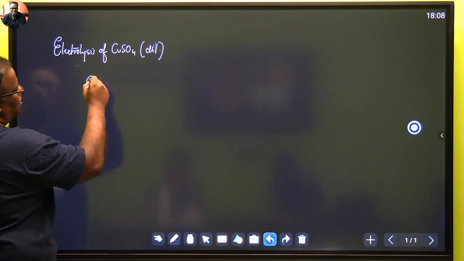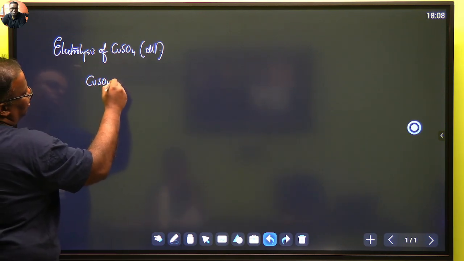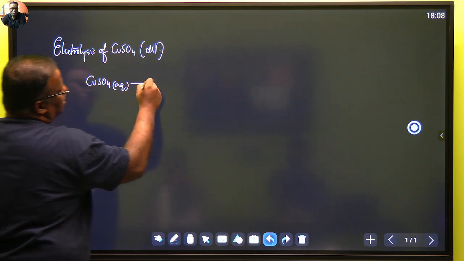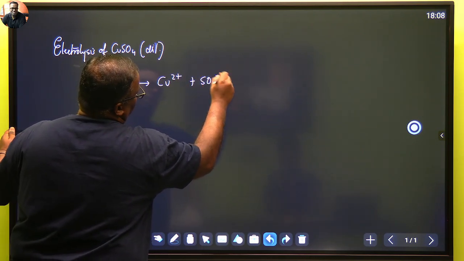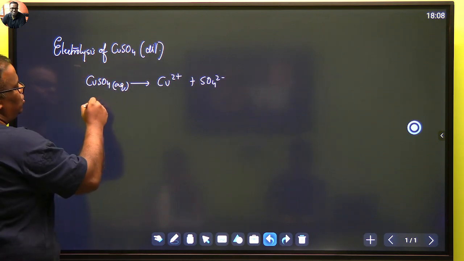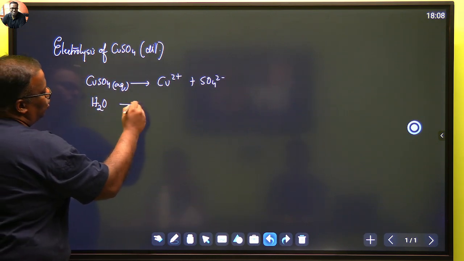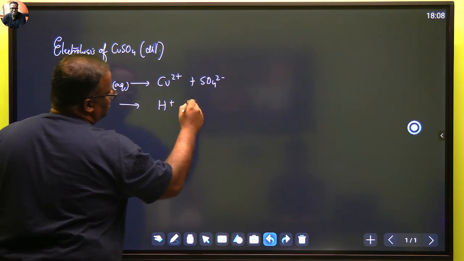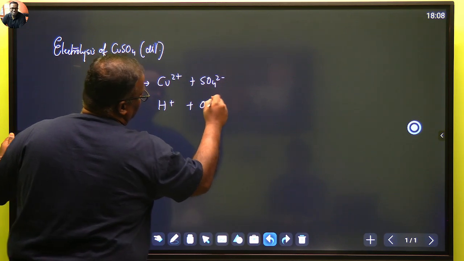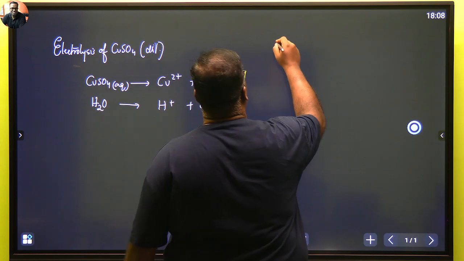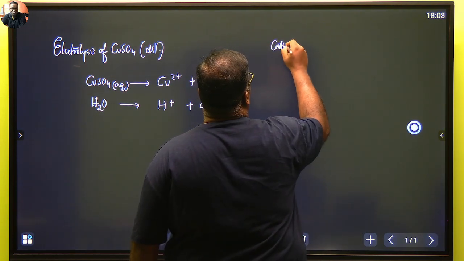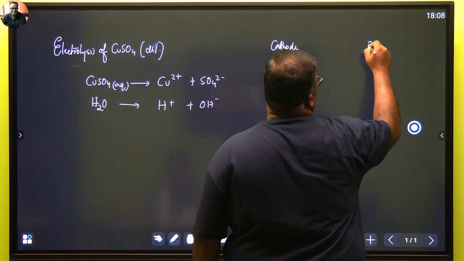Let us now see what is happening. CuSO4 aqueous will immediately split to give you Cu2 plus and SO4 2 minus. And since it is a solution, you have water. Water will give you H plus and OH minus. Have you understood? So let's go back to our discussion. Cathode, and we have anode.